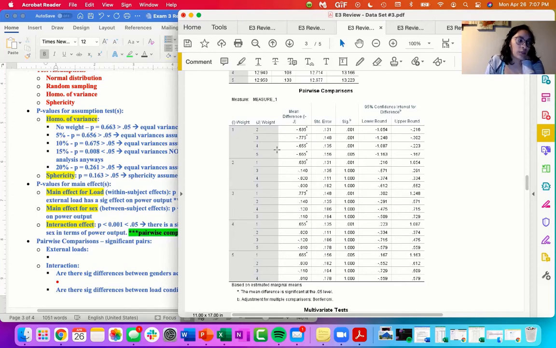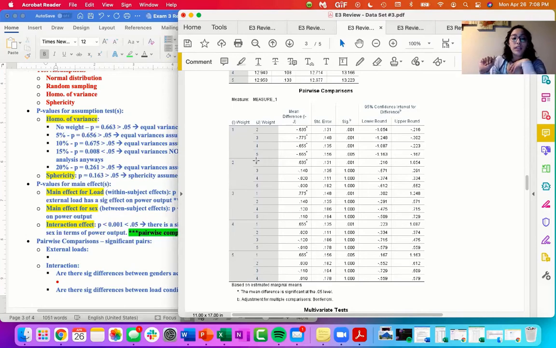If you put no weight and plus 5%, that's also correct. Okay. How else? Some of you asked on activity 8, if there are a lot of significant pairs, is it okay to put all pairs are significant?